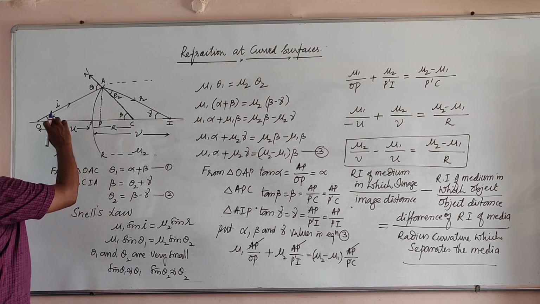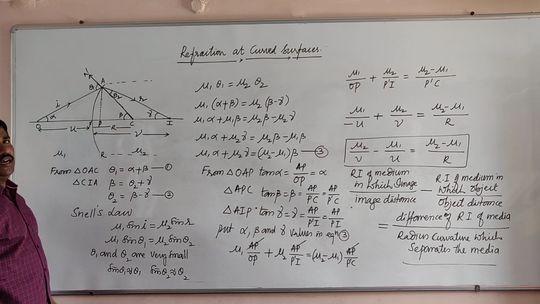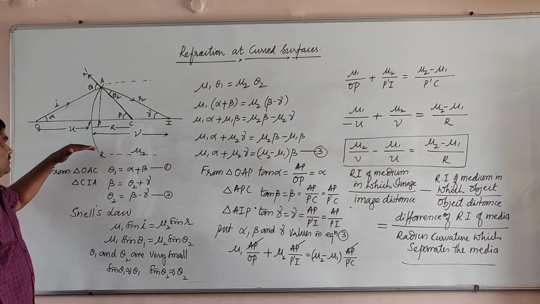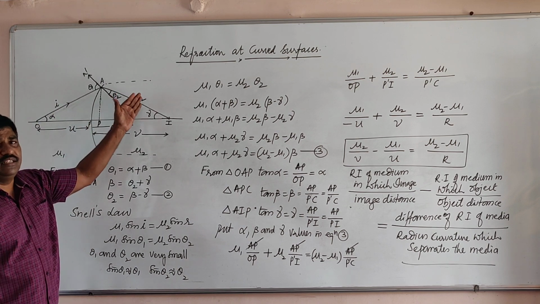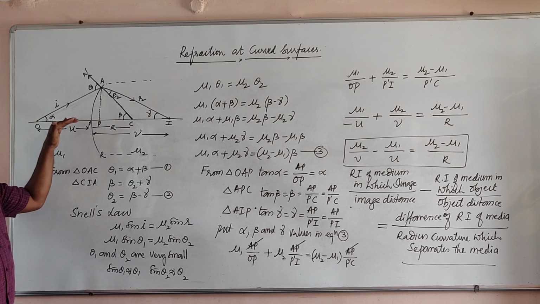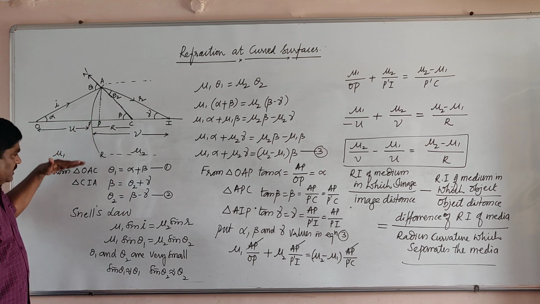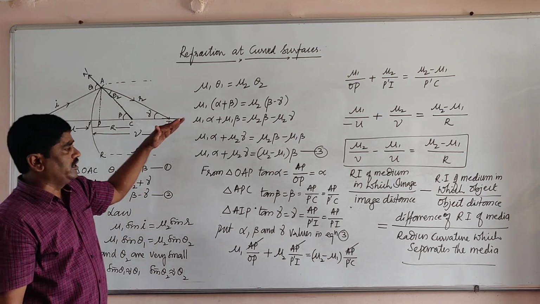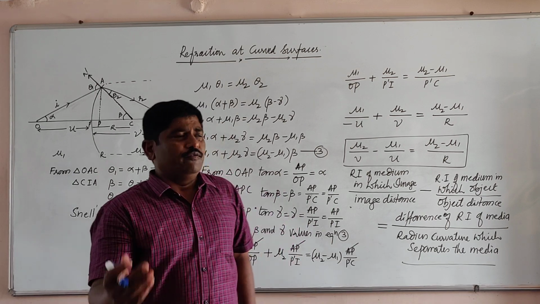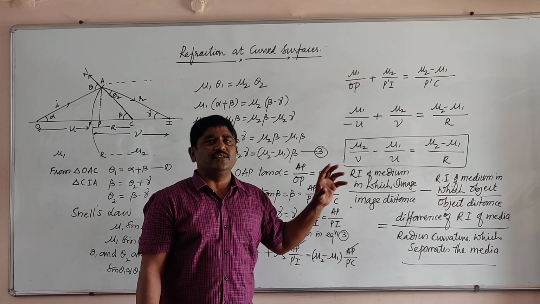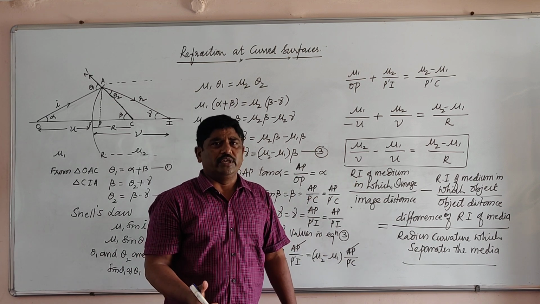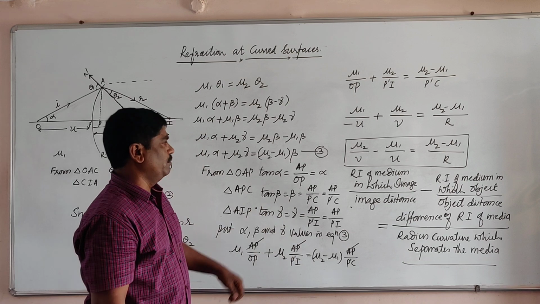After that we can imagine alpha, beta and gamma, three angles which the incident ray, normal and refracted ray make with the principal axis. From that, using Snell's law, slowly we have developed this formula, and it is very useful for learning further how the lens is constructed or made. Lens maker's formula we can learn later on, and you can understand this better.